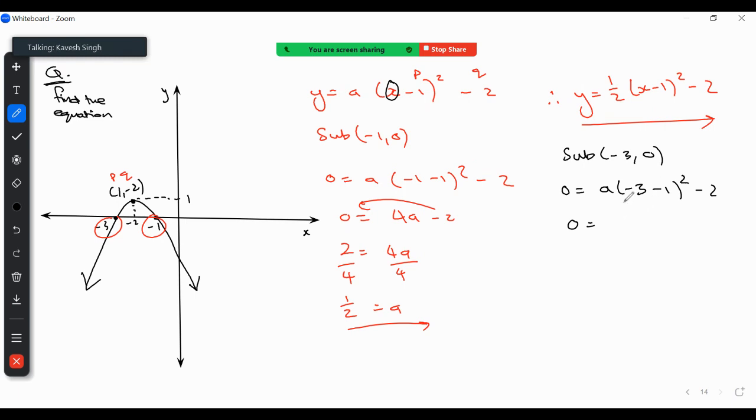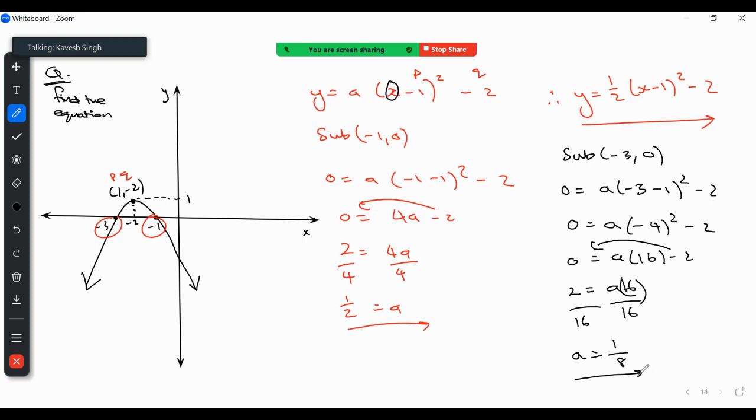This is going to change the a value. x equals 1 and y equals -2 is right. And then if I put -3 or -1, I should have got the same a value. But this will be -4, which is 16. And we get a equals 1 over 8, which is a different answer.